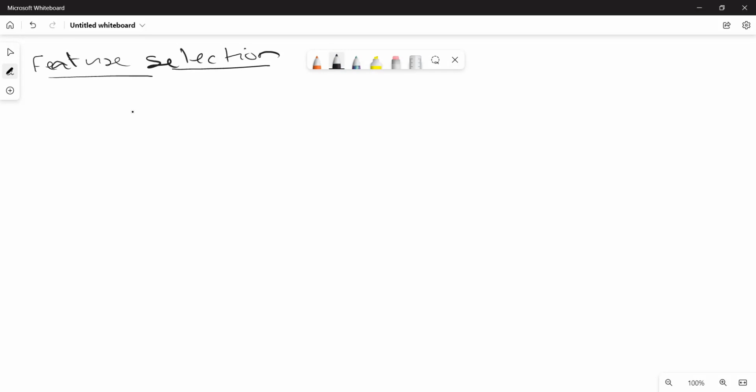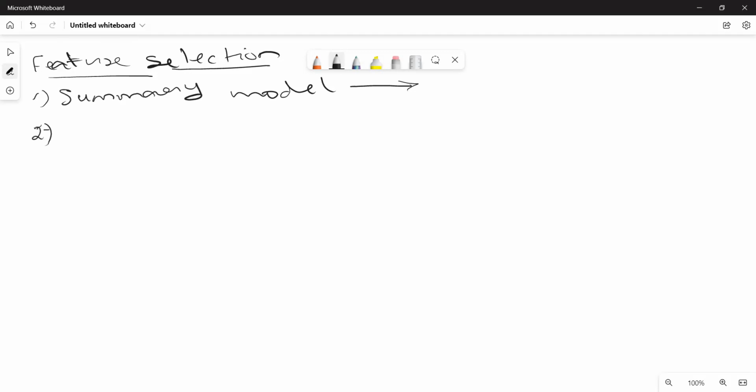Just like linear regression, logistic regression also has some feature selection techniques. The most commonly used one is the summary of the model. Once I summarize my model, from this I can find out what are the significant features and which features can be eliminated.